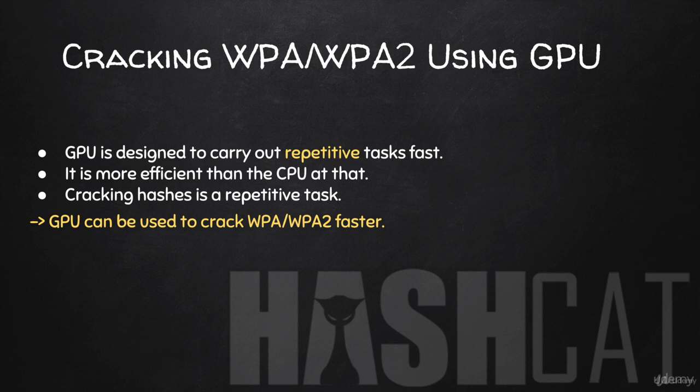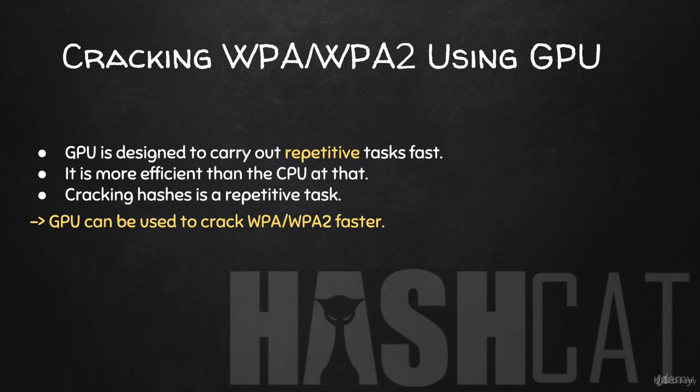Now, if we pause for a second and think, a lot of computers also contain another processing unit, which is the GPU. The GPU stands for the Graphics Processing Unit, and it's built and designed so that it can carry out repetitive tasks very quickly. For example, rendering pixels on the screen is a very repetitive task because it literally loops over each pixel on screen and displays data in it.